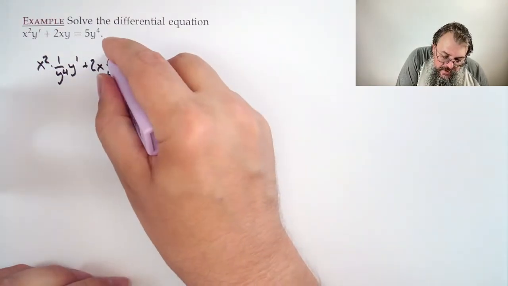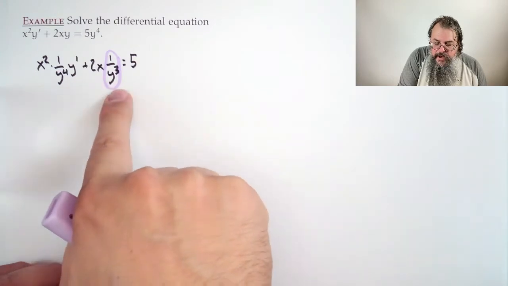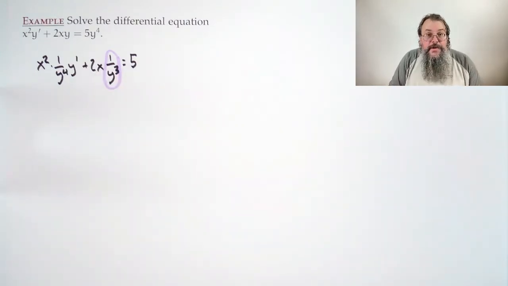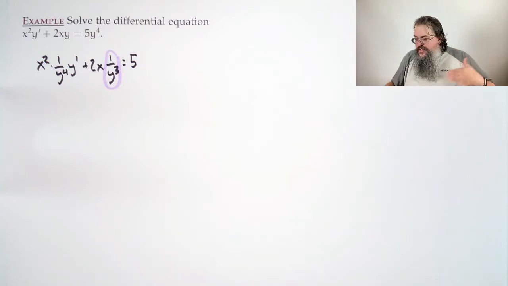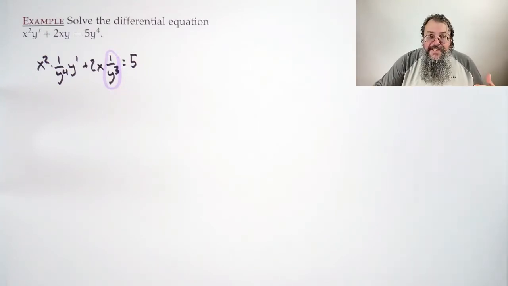So, for the substitution, when we're thinking Bernoulli, it's the part that's not attached to the y prime. So 1 over y to the third power. Remember, Bernoulli just says, hey, I'm just looking for a power of y. What's the right power of y for me to substitute? So once you found that, life is good. Life is wonderful.